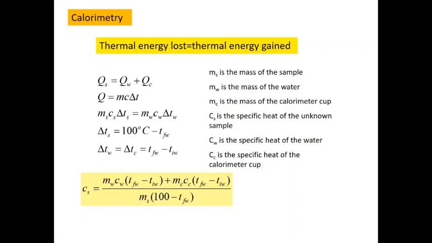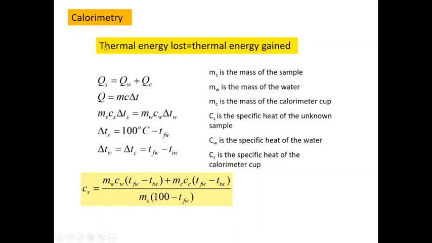And how do we calculate the thermal energy, or the heat lost or gained? You can do that by using this formula. ms is the mass of the sample, mw is the mass of the water, mc is the mass of the calorimeter.